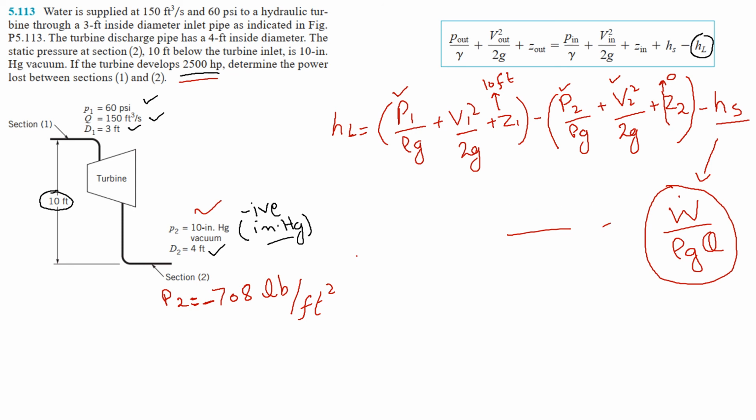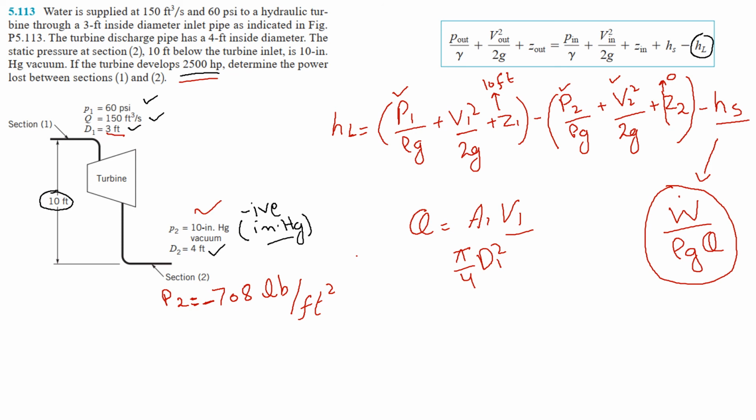Now we will find our values, that is V1 square and V2 square. So for velocity we will use our volumetric flow rate, that is Q is equal to A1 V1. For our velocity V1 we will put our area as pi by 4 D1 square. So we know the diameter D1 is 3 feet.